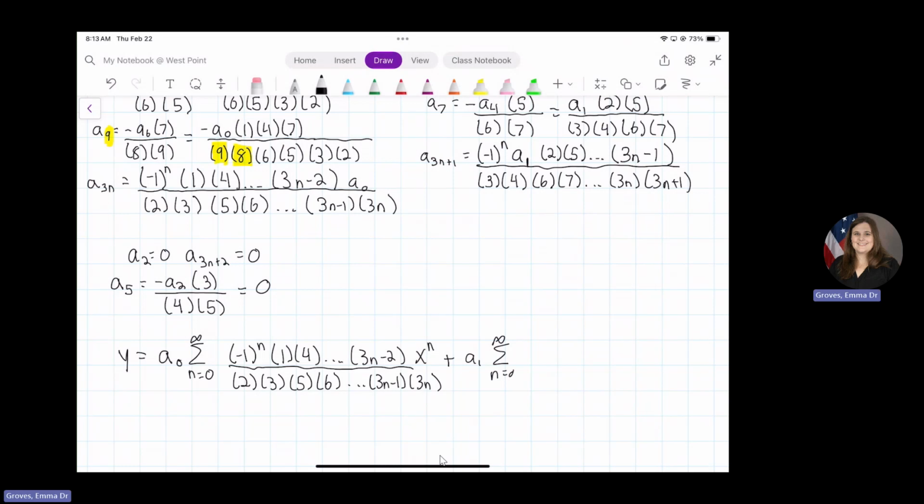And then for our second one, we have a1 times the sum from n equals 0 to infinity of negative 1 to the n, 2, 5, dot dot dot, 3n minus 1, x to the n plus 1, all over 3, 4, 6, 7, 3n times 3n plus 1.